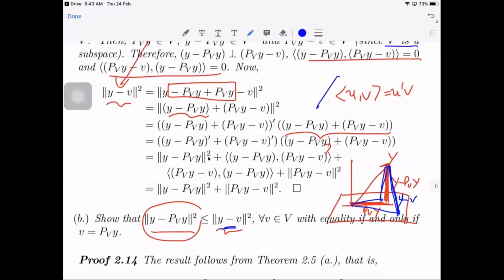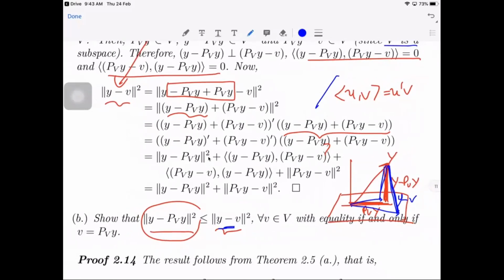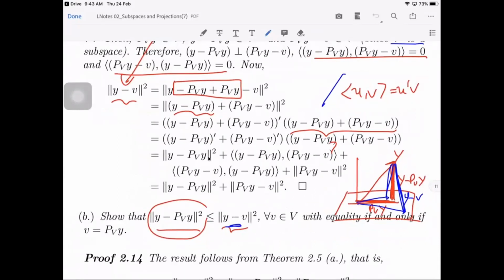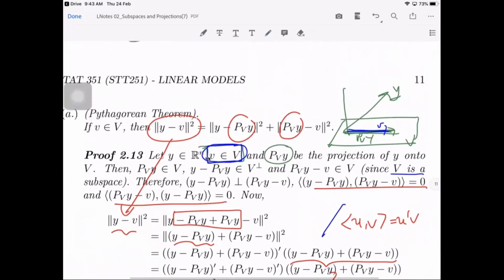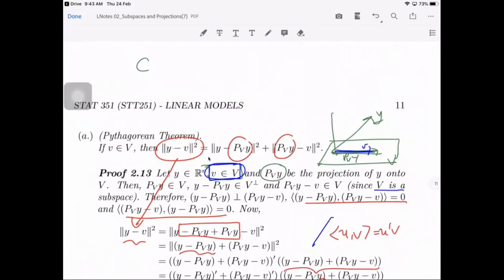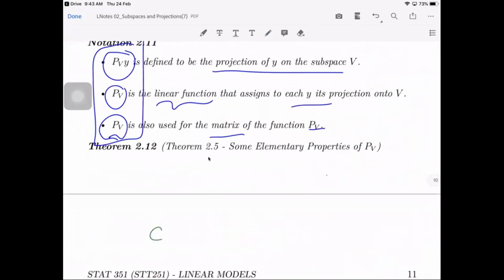Unsay pasabot ani na statement, kining letter B. Naman ko'y gisulat sa una sa notes na theorem 2.5B. Unsa to akong gisulat dito?